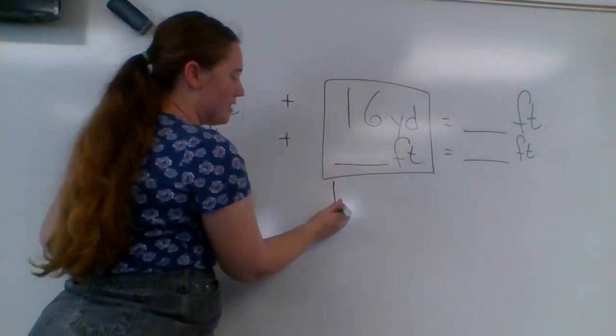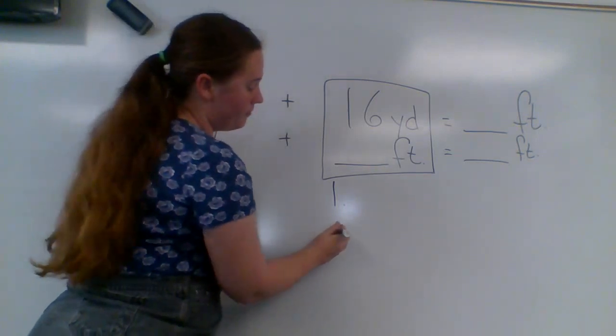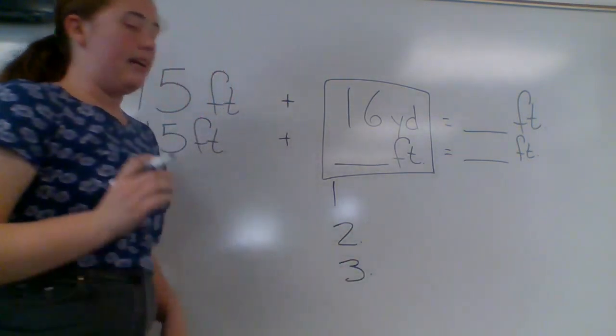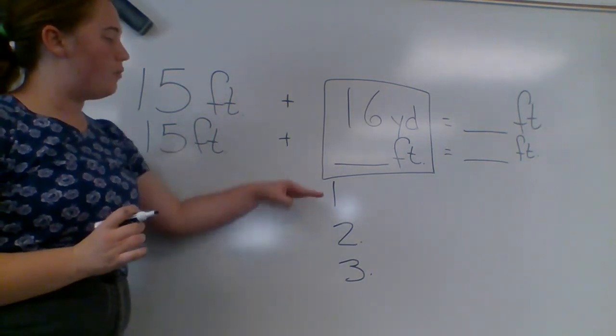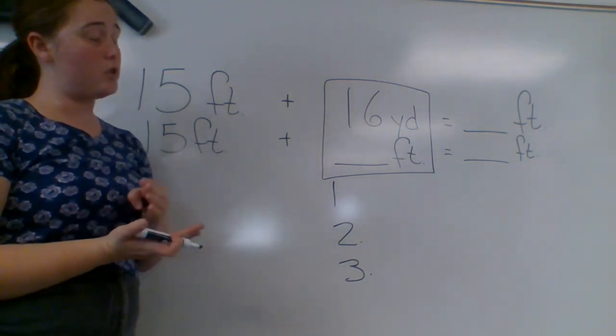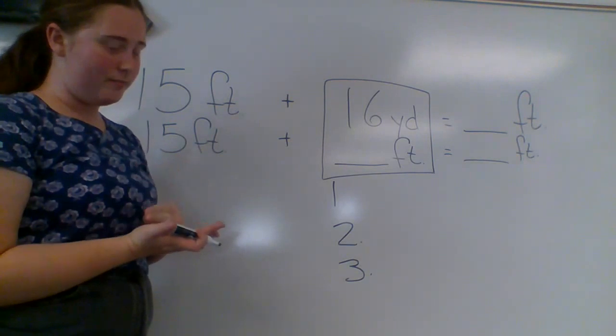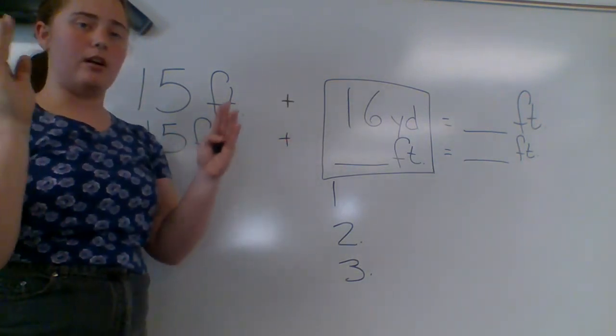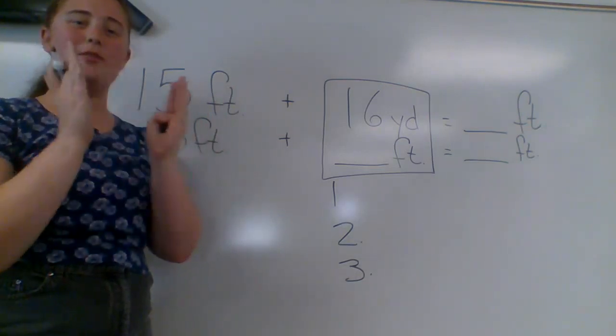So underneath this, steps 1, 2, and 3. Okay, we know step 1 is either larger to smaller or smaller to larger. Going yards to feet, is that larger to smaller or smaller to larger?